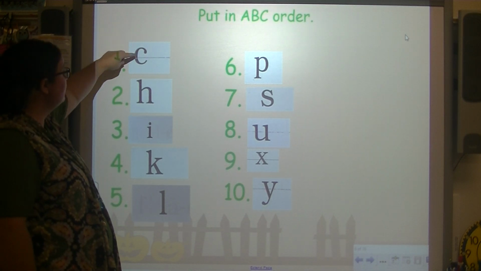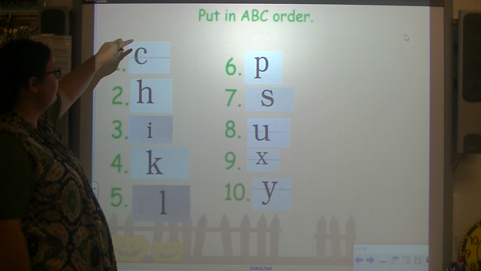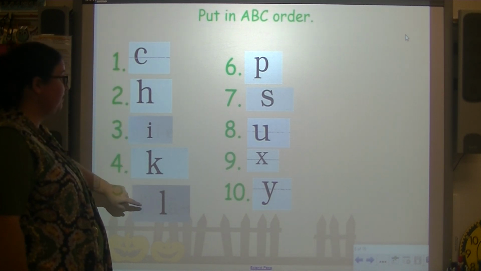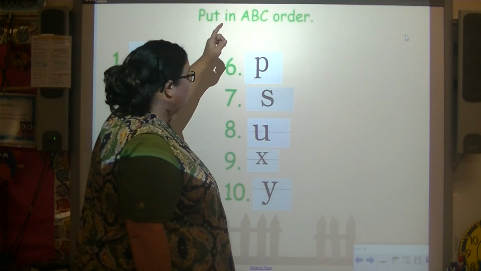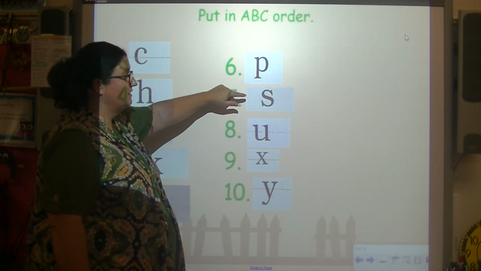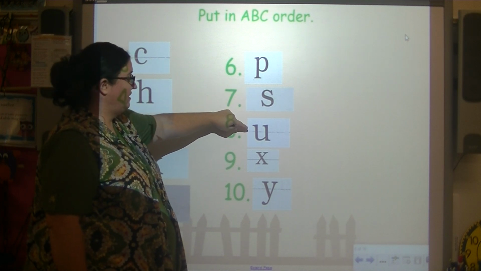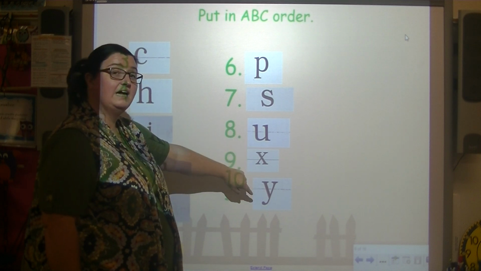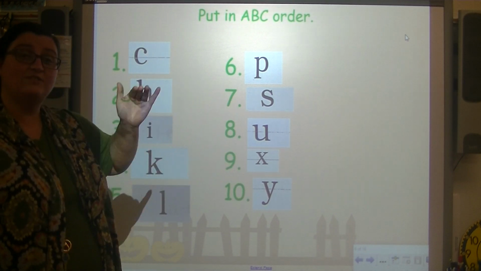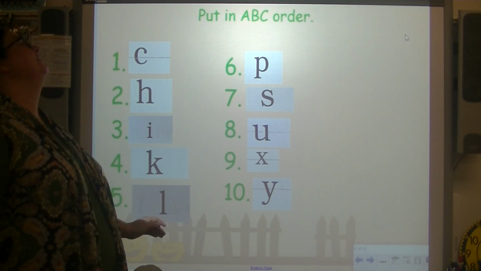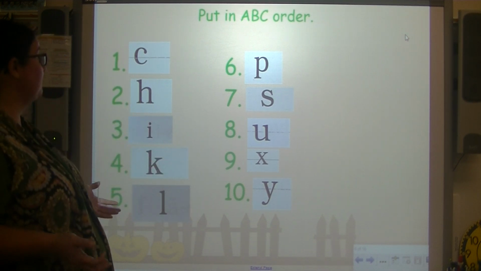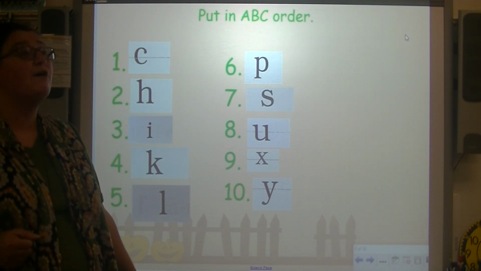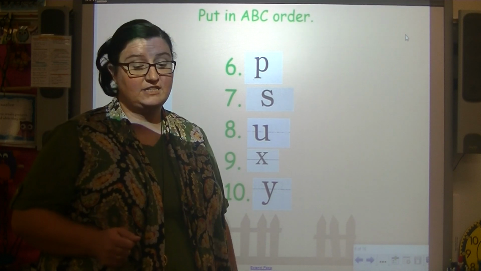A, B, C, D, E, F, G, H, I, J, K, L, M, N, O, P, Q, R, S, T, U, V, W, X, Y, and Z. Were we able to go down each time? Yes, we were. So if you're able to, you have them in the correct order. We were able to alphabetize our letter tiles.